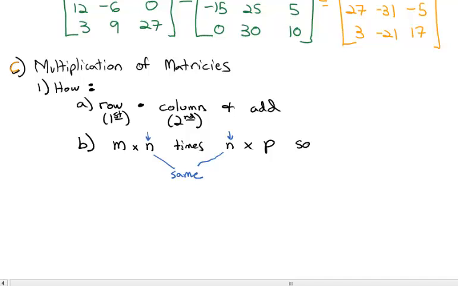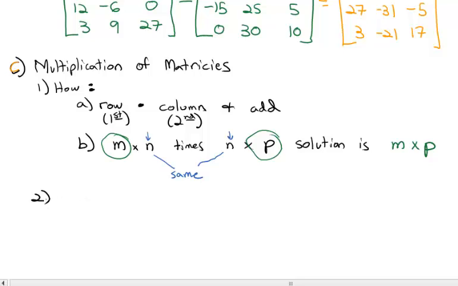And then the solution is the dimensions on the outside. M by P. So the inside numbers have to be the same on the dimensions. The outside numbers is the solution.